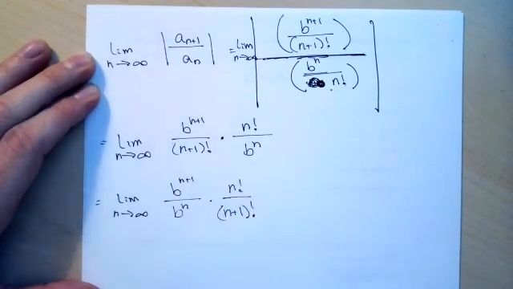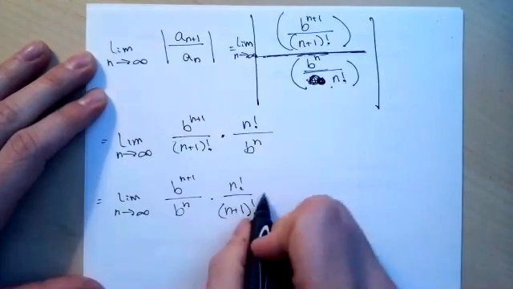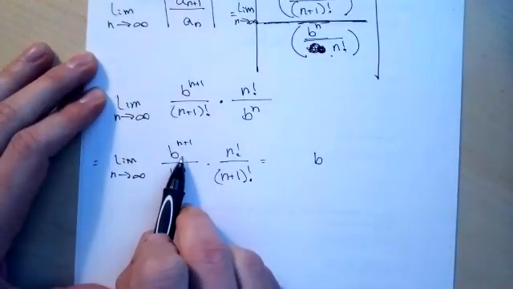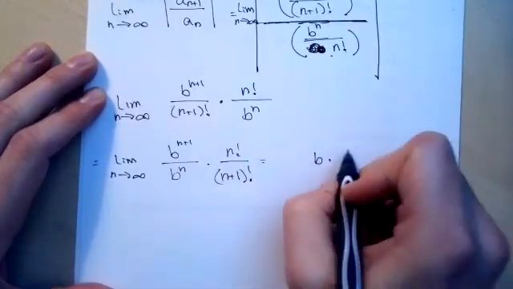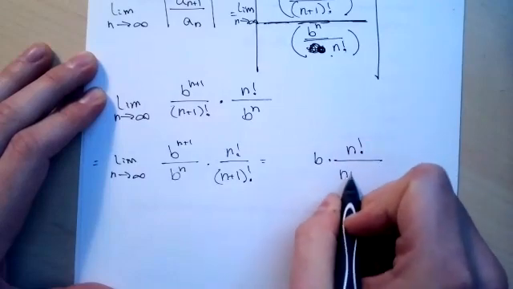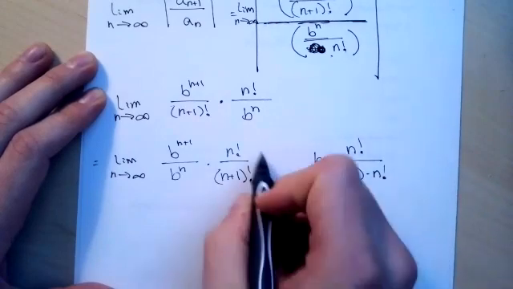So I put the factorials over each other. I put the exponentials over each other. And so here what we get is b times n factorial over (n plus 1) factorial. You got to mind your factorial algebra.